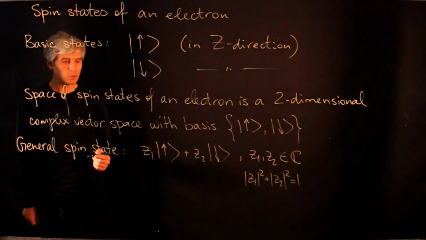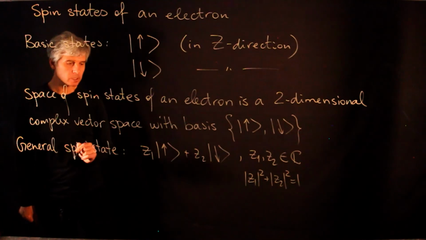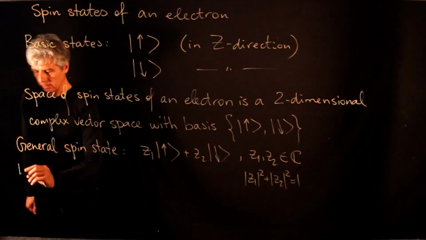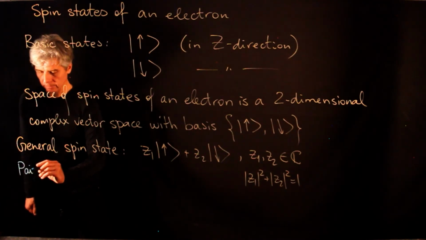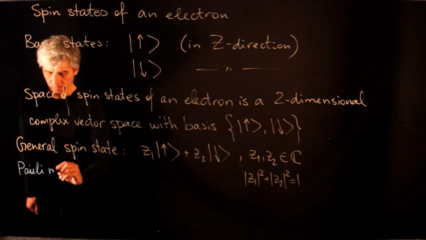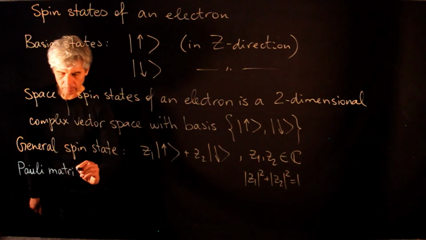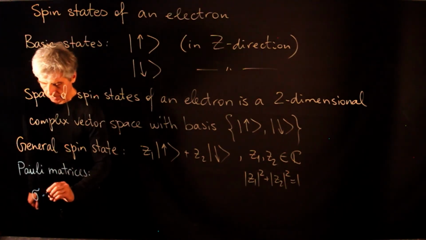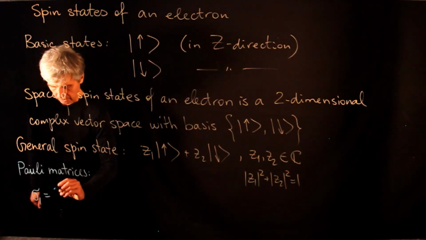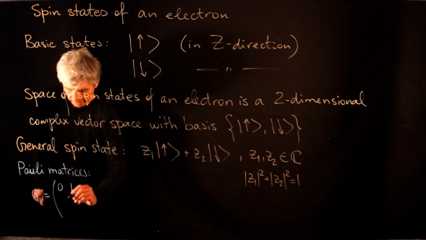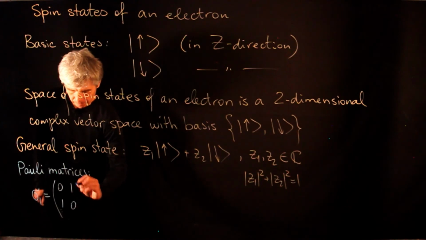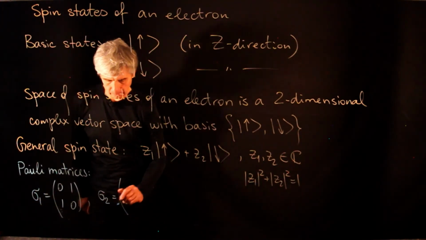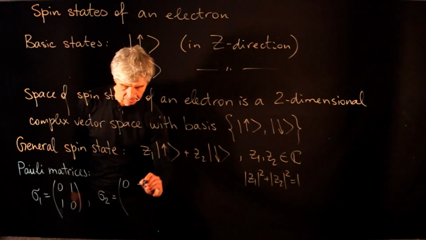Now, in order to understand electrons with a horizontal spin, we need to introduce something which is called Pauli matrices. And so there are three Pauli matrices. Sigma 1 is the matrix 0, 1, 1, 0. Sigma 2 is the matrix 0, minus i, i, 0.